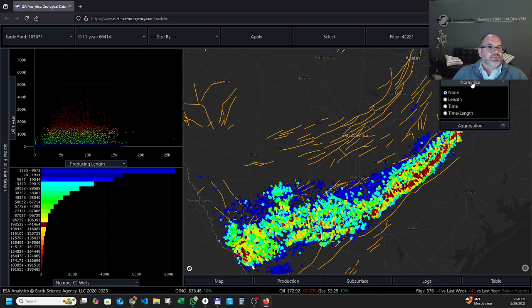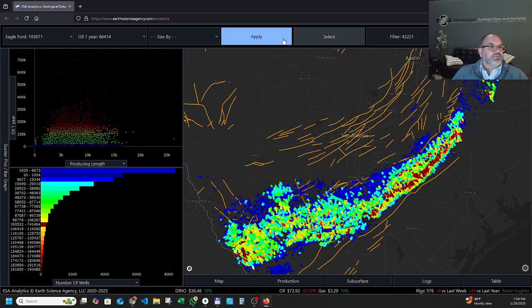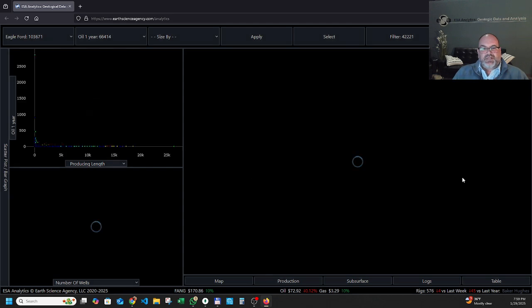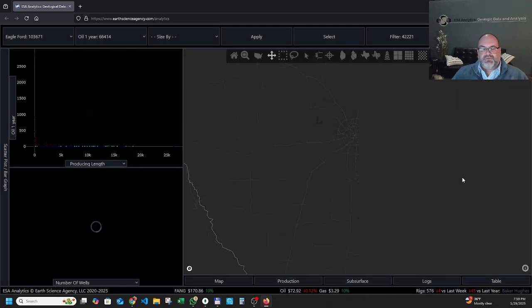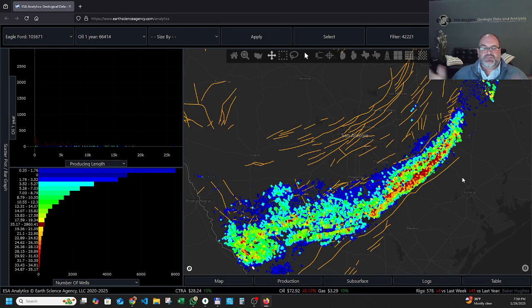And then I like to normalize it by foot, or by length. That allows you to not only look at a similar time frame, but if it's a 3 mile lateral versus a 1 mile lateral, you'd expect the 3 mile lateral to produce more. But what does it produce per foot? So to me, this is the best way to drill down and get apples to apples, looking at different time frames, looking at different lengths of wells, and trying to say, okay, I want to compare kind of the same thing and remove as many variables as possible.